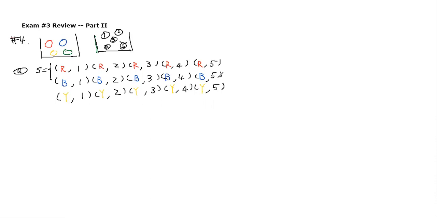And the next one I can have is the green ball, so green, green, green, green, green. Then the second ball could be 1, 2, 3, 4, 5.